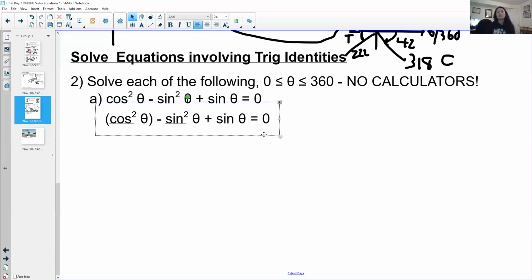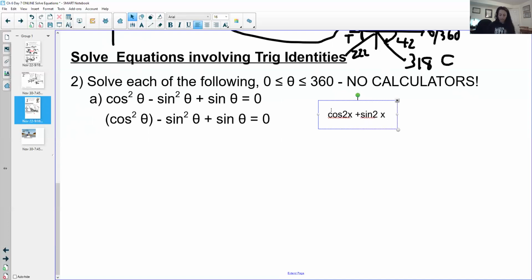We had a trig identity that said that cos squared x plus sine squared x equals 1. Okay, this was one of your trig identities. They're squares, not twos. So if I needed to get this guy, bring the sine squared x onto the other side.